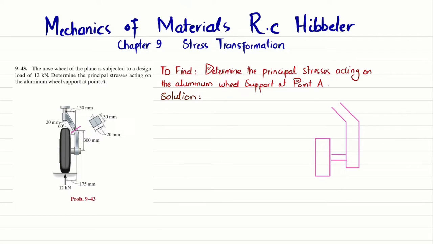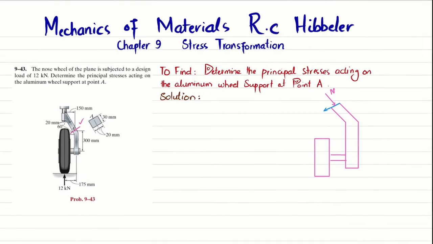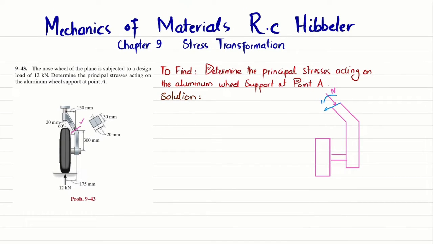Okay, and when you cut it at point A, you will have a normal force that will act on this surface. Let this normal force be represented as N, and you will have a shear force that will act over this surface. This will be the shear force on this surface. Clear? And you will have a moment as well.